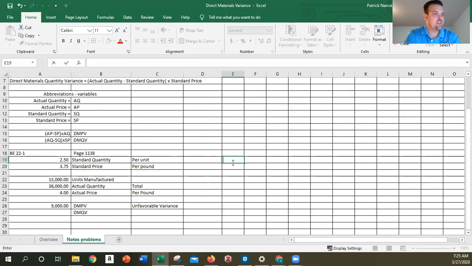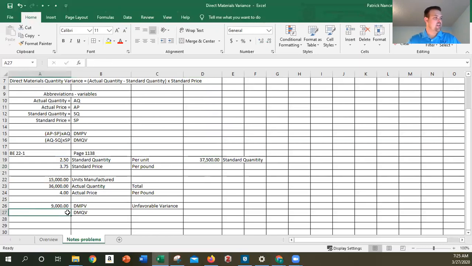Well, I made 15,000. So what is my standard quantity in total? It would be the 2.5 times the 15,000, because my standard was on a per unit basis 2.5 pounds, and I made 15,000 units. Therefore, my total standard quantity should be 2.5 times 15,000, which gives me 37,500.